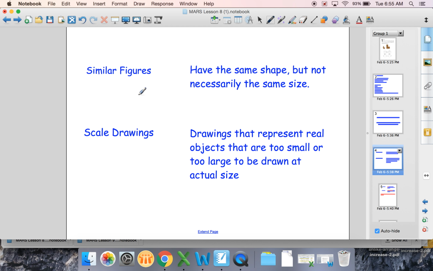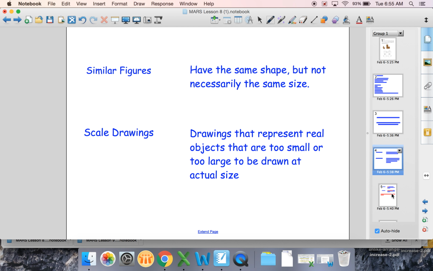So here's some basic information that you need to know. Similar figures have the same shape, but not necessarily the same size. Scale drawings represent real objects that are too small or too large to be drawn at actual size. For example, architects draw buildings that represent a larger building, or maps.